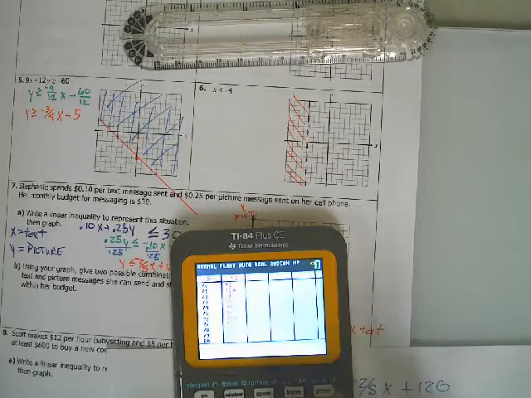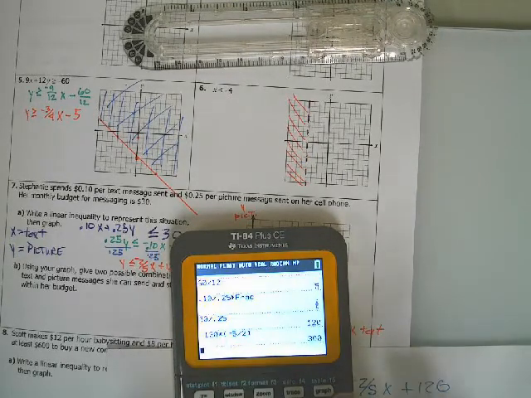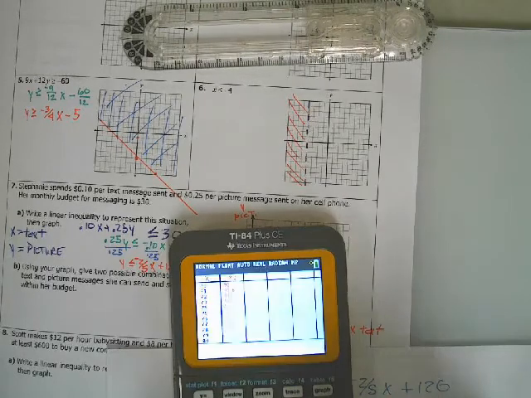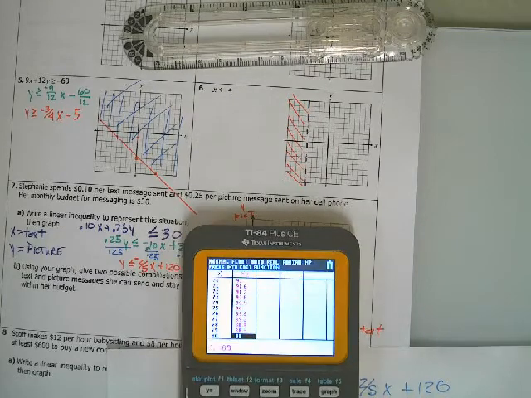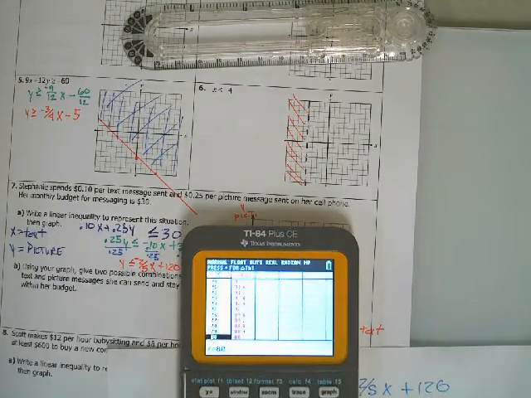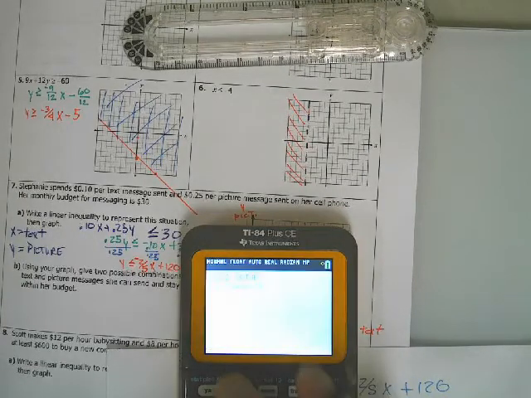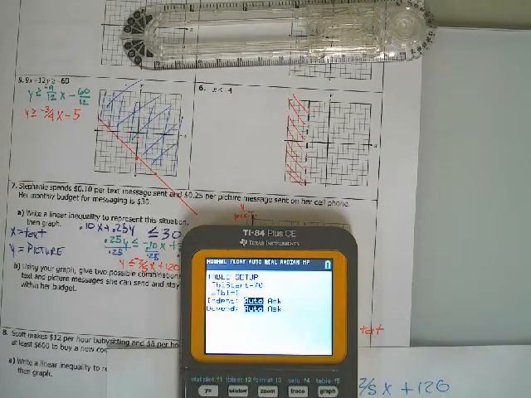Is that on my table? Have to start all over. X equal to 10. On my table we start at 0.